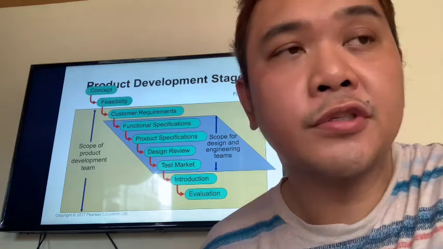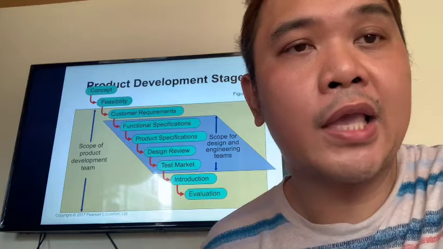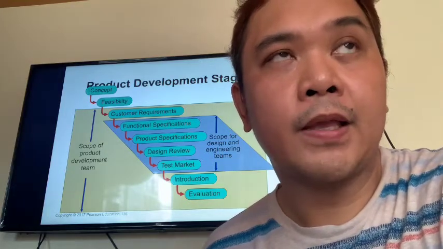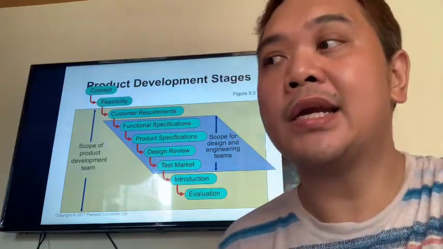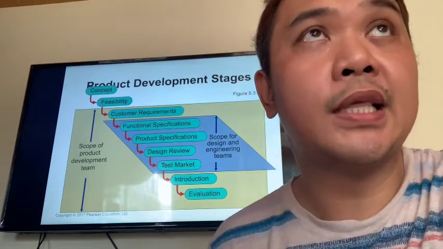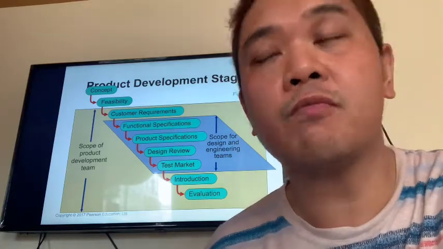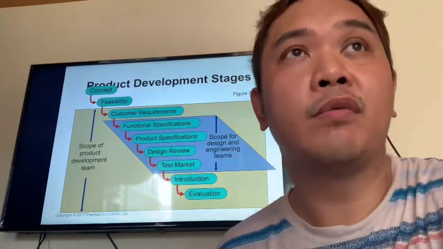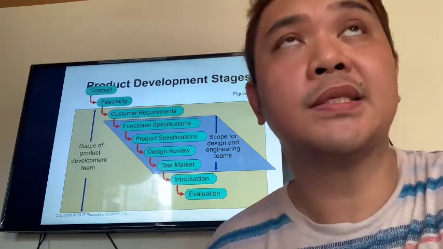After finishing your customer requirements, you're ready to specify the different functions of your product. So functional requirements, and then you're now ready to see the product specification or the technical requirements of your product. After that, you have to review your design, whether your design suits the customer requirements.